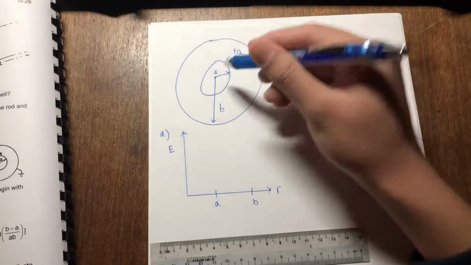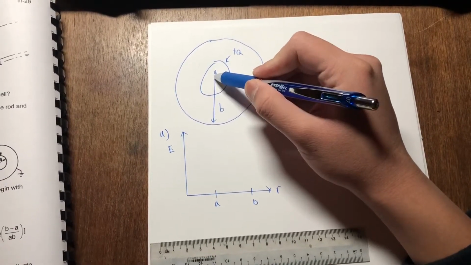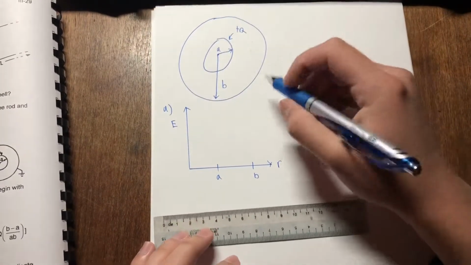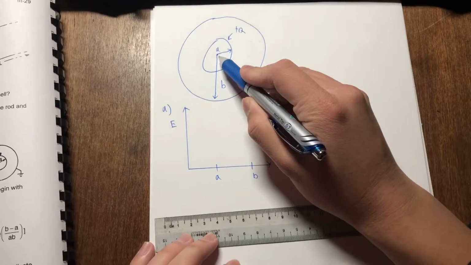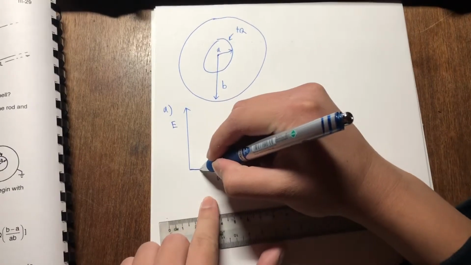So what does that really mean? It means that if you set up your Gaussian surfaces here, your E field will be 0 since the charge enclosed inside is 0 because there's nothing in there. And since this is a shell, there is nothing from this point here to here. So from 0 to A, you just have nothing.